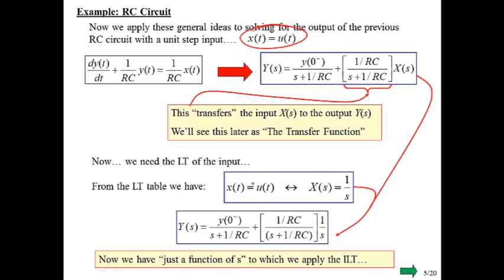And so now we end up having our total Laplace transform of the output looking like this, and it's just a function of s. Well, you might say, but there's some other things in there. Well, yeah, but those are fixed parameters.